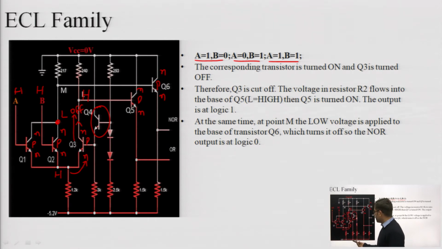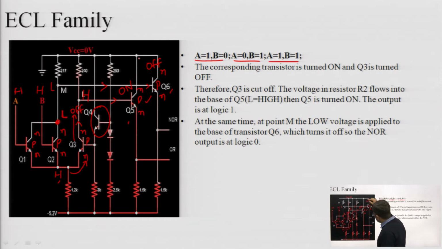Similarly, these transistors are conducting now, that's why this was high and collector potential was low. So this low point is connected to the P type base of this transistor. So this must be off, and this is high connected to the P type base of Q5. So this must be on. Okay. So this Q5 is conducting, Q6 is not conducting.